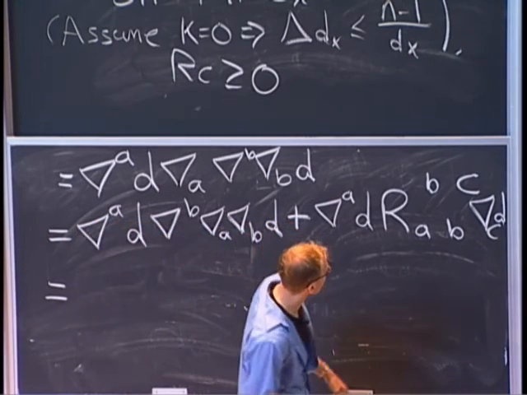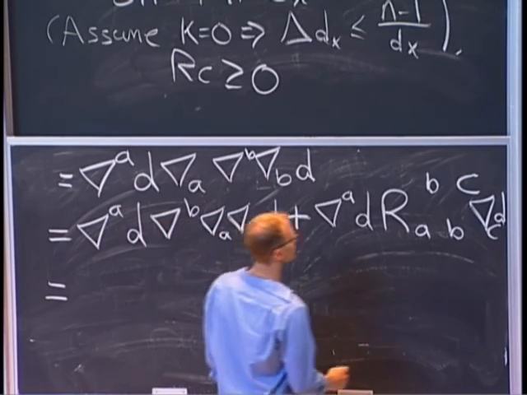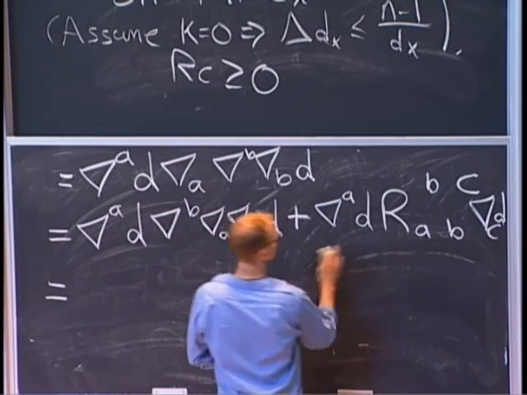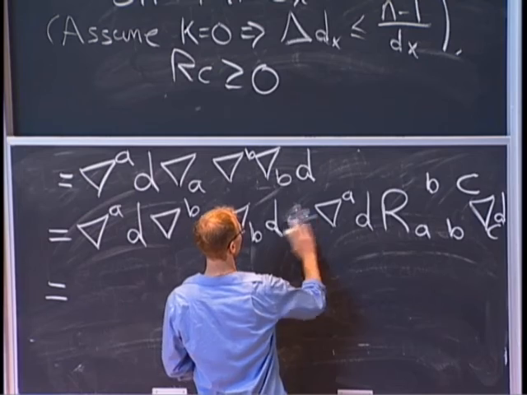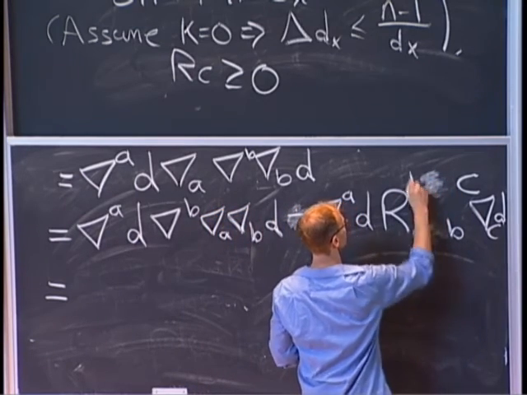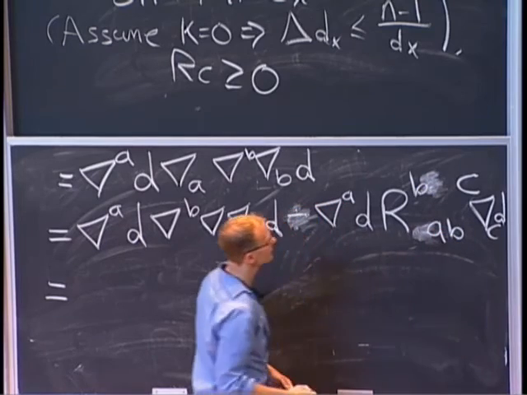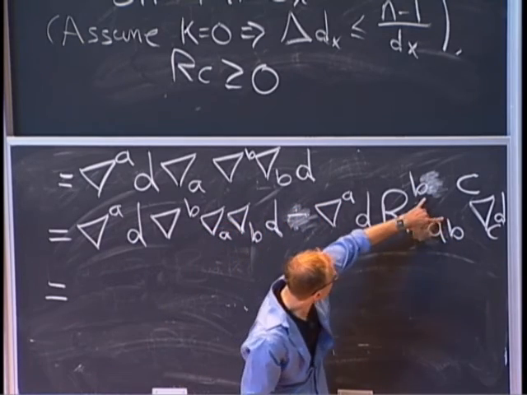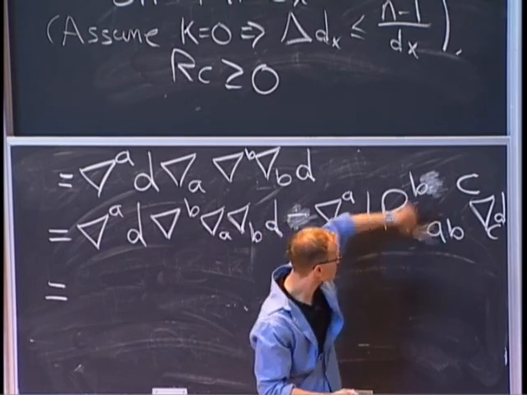What is Ricci curvature? Well, this thing here is just equal to minus, if I want to switch these two, BA. And then the Ricci curvature is just the trace of these two things. So this is just Ricci.